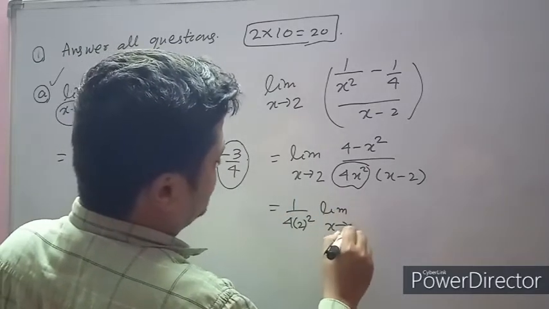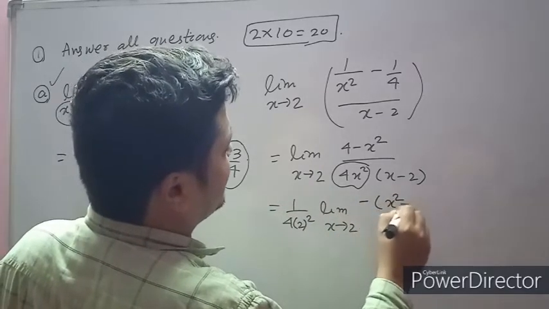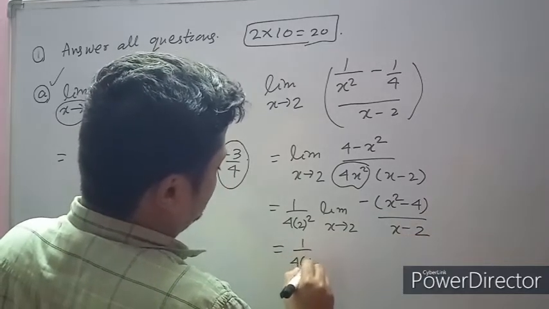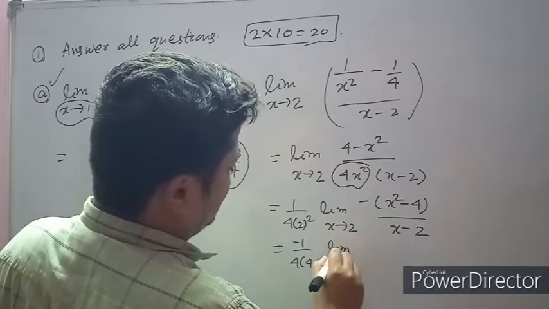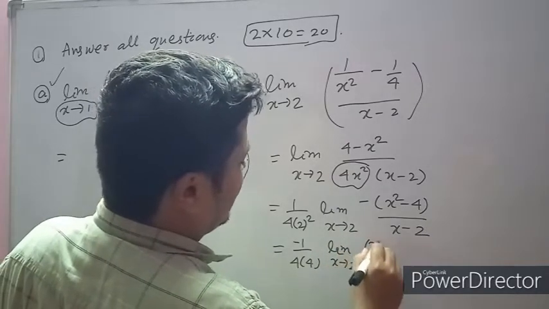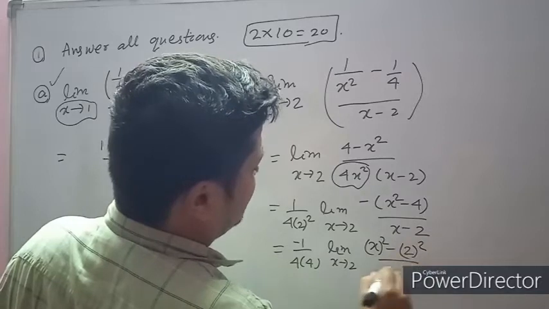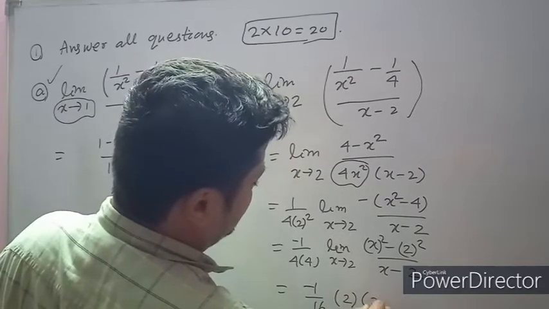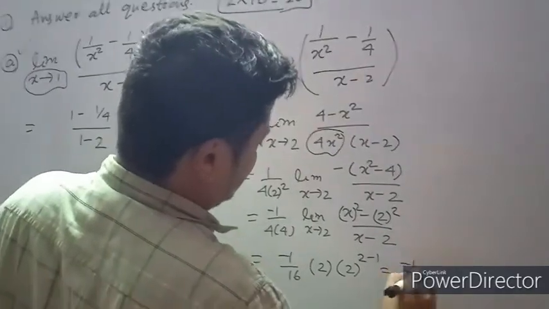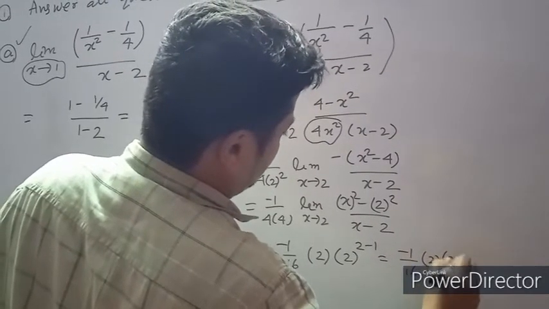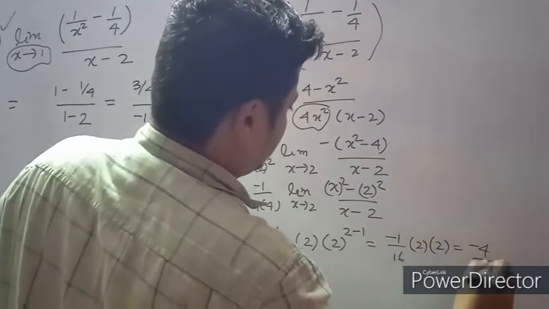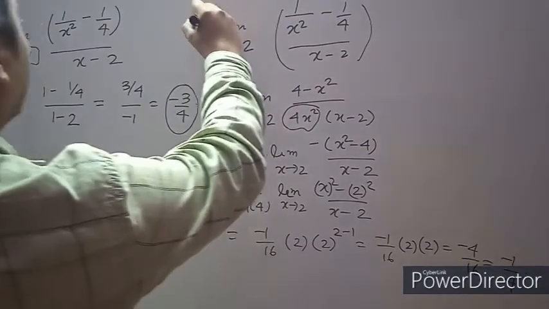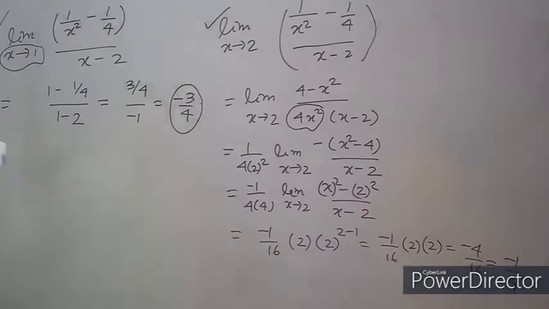Limit x tending to 2, minus of (x square minus 2 square) divided by (x minus 2), so what you get is minus 1 by 16 into 2 into 2, that is minus 4 by 16, minus 1 by 4. So this is generally asked, but in your examination this was asked, so the answer will be minus 3 by 4.